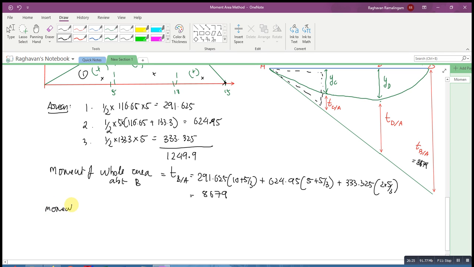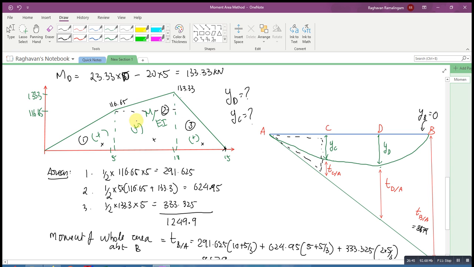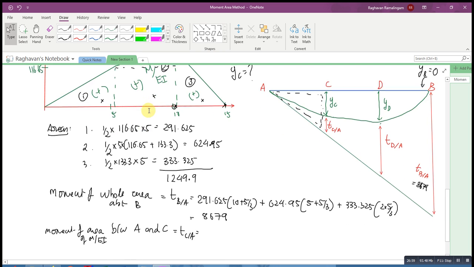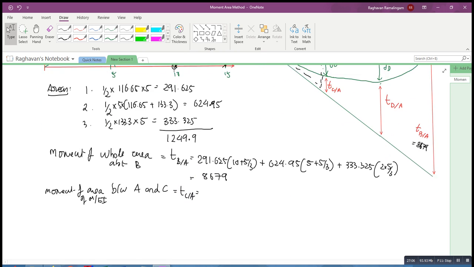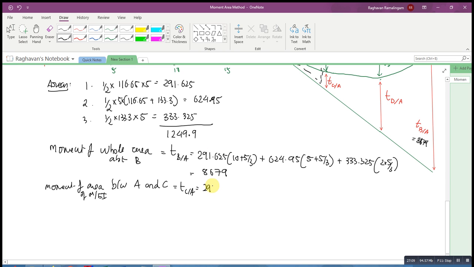Next thing that I need is TCA. For this I get the moment of the area of the M by EI diagram between A and C, which gives TCA. Actually, that is D, right?